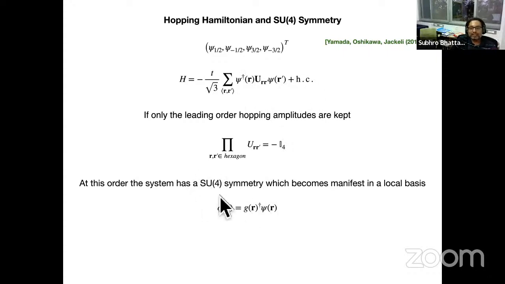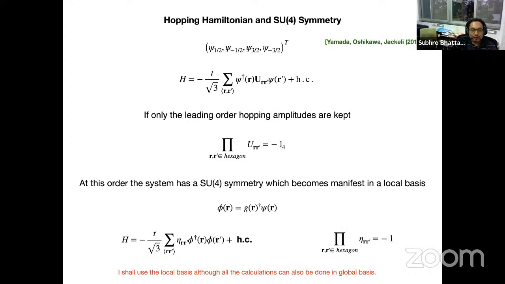which basically means that this Hamiltonian, even though it is not apparent, has a secret SU4 symmetry, which can be made manifest by doing some local transformation of these orbitals. One can make this transformation and go into a basis where this SU4 symmetry is manifest, but because of this minus sign in front, which cannot be gotten rid of, you get these Ising variables, such that the Ising variables going around the plaquette give you a minus sign.